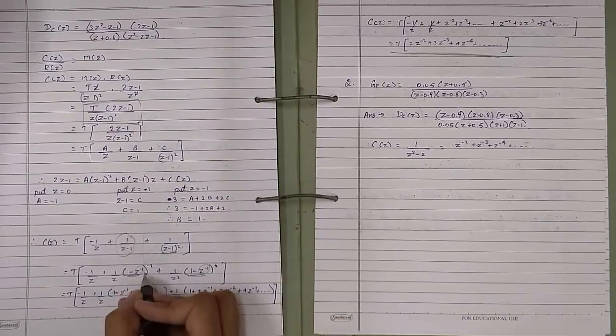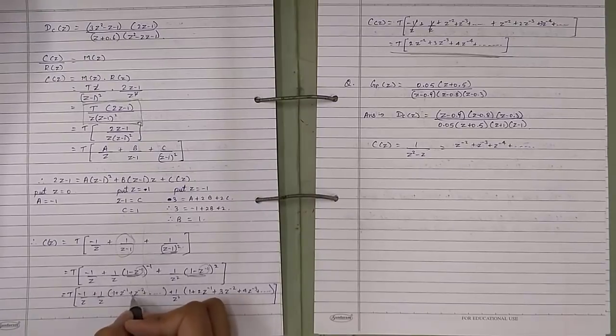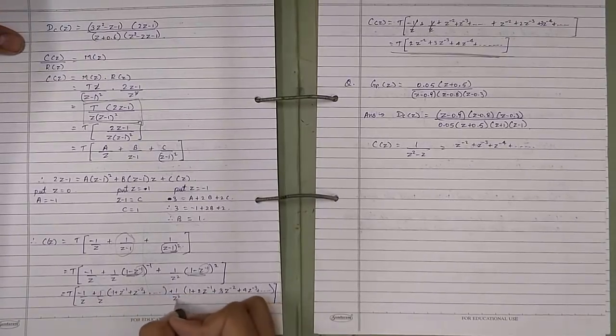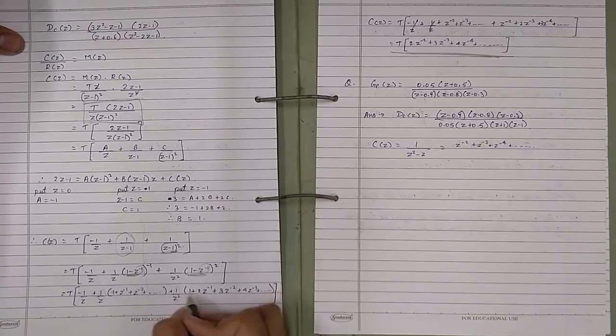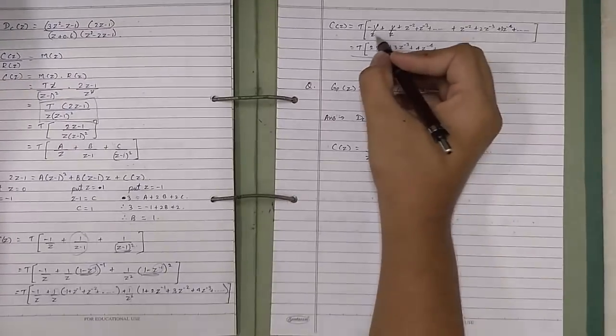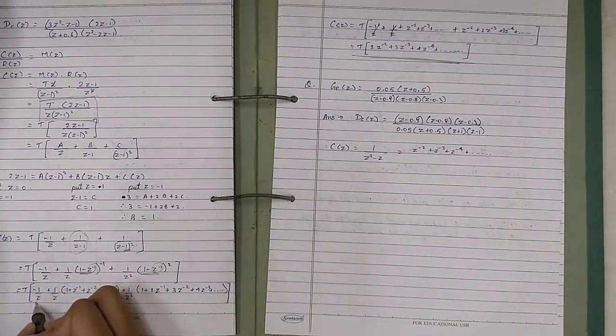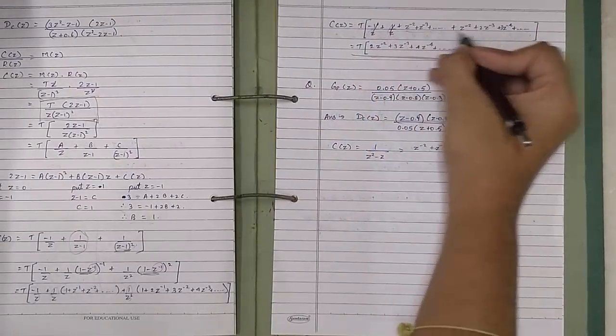For 1 minus z inverse it is 1 plus z inverse plus z raised to minus 2 and so on. I'll multiply z inverse and 1 and z raised to minus 2 in their particular brackets, and I get this. I already have a minus 1 upon z, that is minus z inverse, so I'll cancel that out and I get this series.